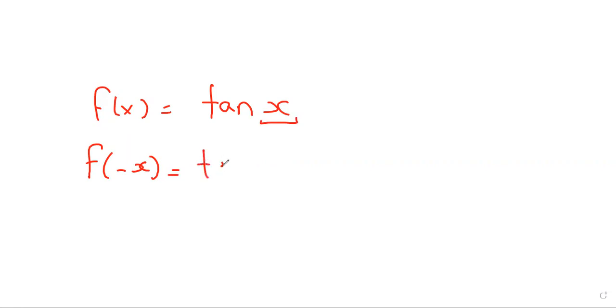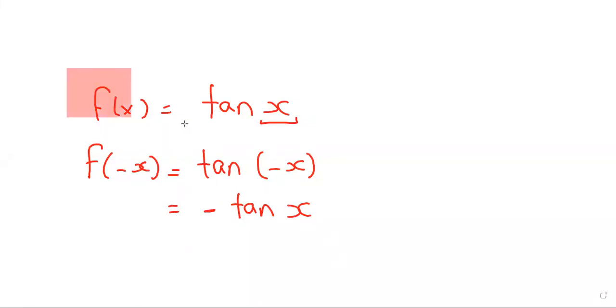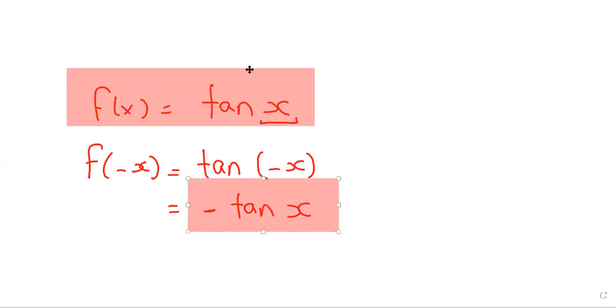So it will be tan of negative x, and tan doesn't cancel the negative. It will be negative tan x. So as you see, f of x is tan x, f of negative x is negative tan x. So this function is an odd function. Did you get it?